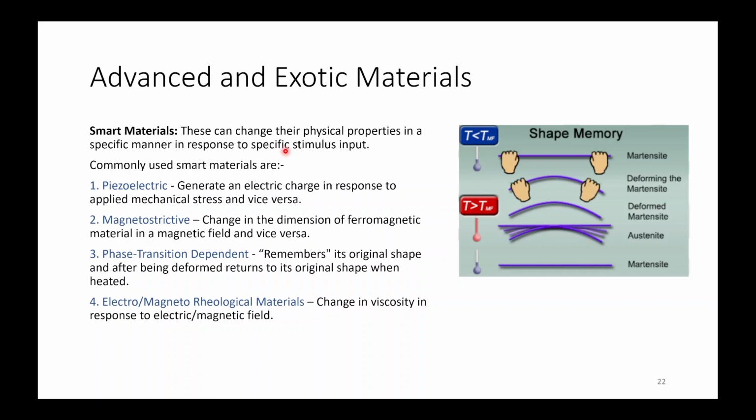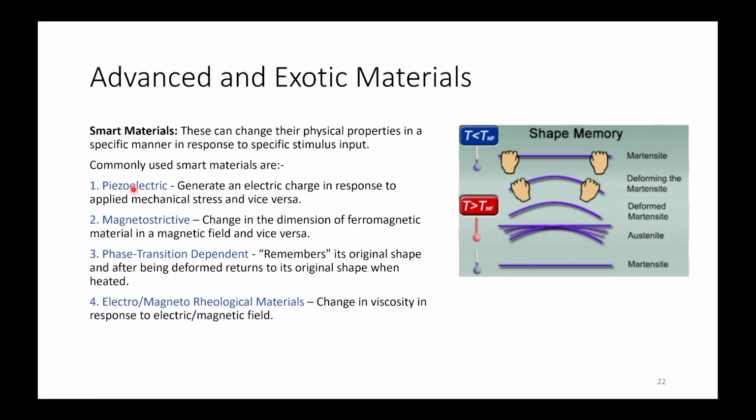This input can be like providing some photons, providing some electrical field or magnetic field, and these physical properties change. They can change their color, they can change their shape, etc. Now these can be classified into various parts, but we'll be focusing mainly on four types of smart materials.